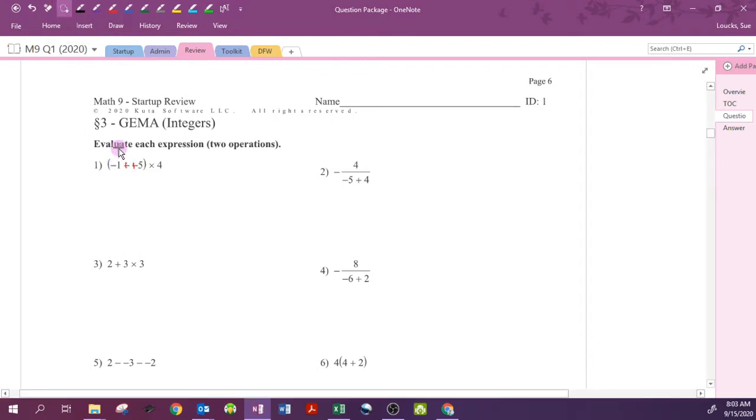I was reminded last year of a nice way to do this, which is to change these two negatives into a great big plus sign. Okay, that was easy, hey? So negative 1 plus 5 is 4. And then that's in brackets times 4, so that's 16.